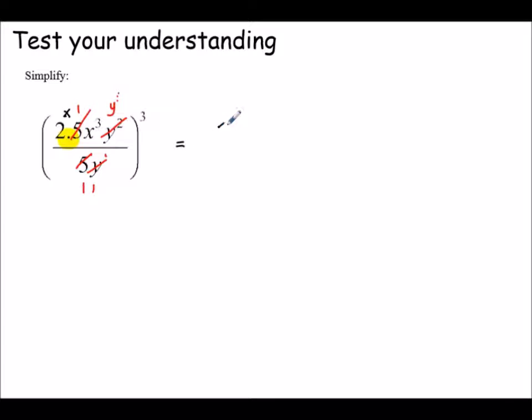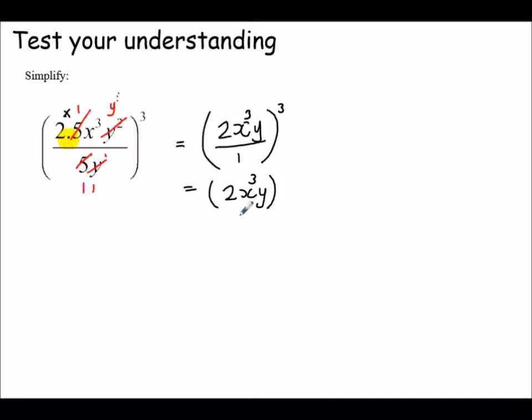Okay, so we have 2x cubed y over 1, and I'm going to cube that, which is the same as 2x cubed y to the power of 3. Now that's what we looked at in the previous exercise.